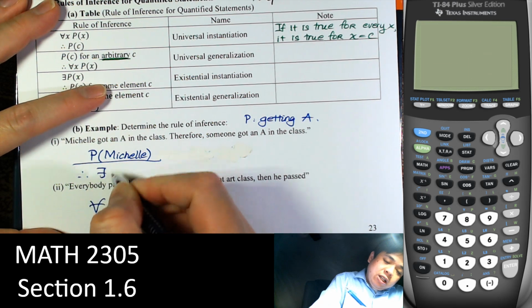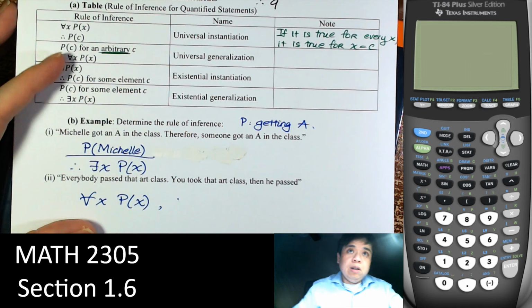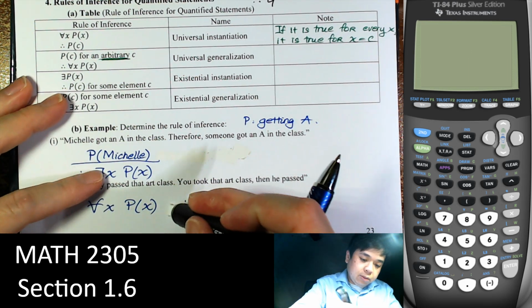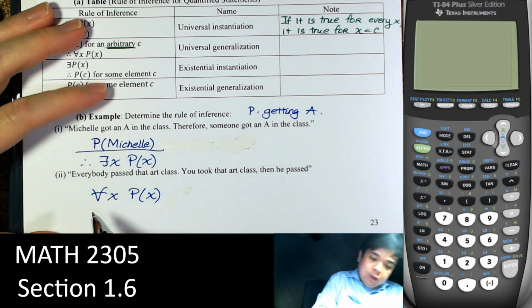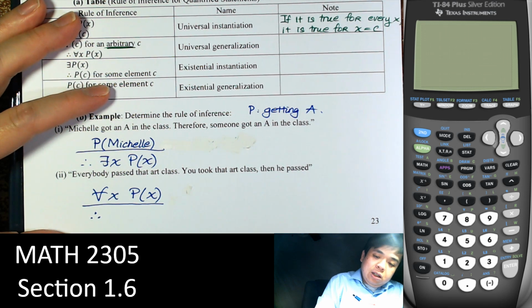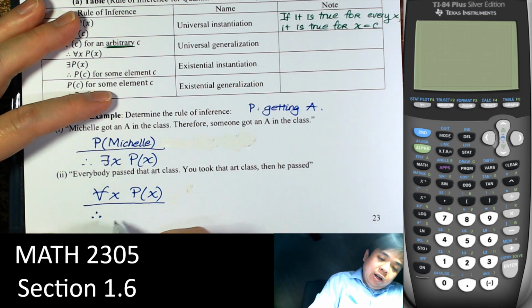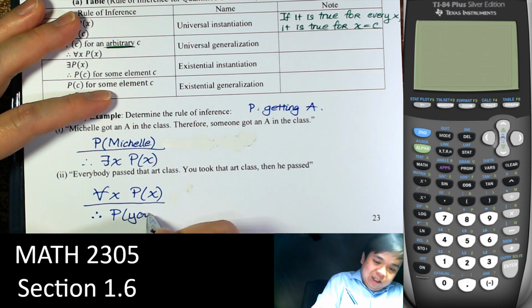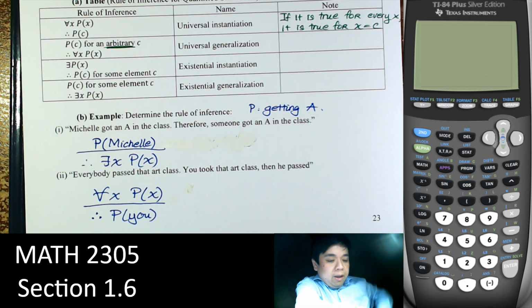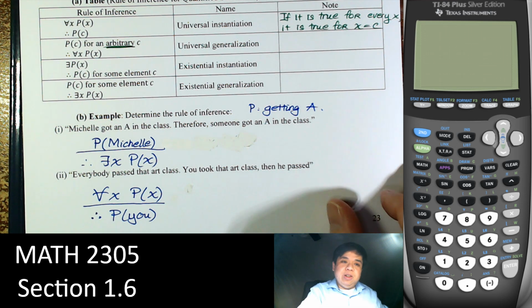Therefore, there exists a person that gets an A. For every x, P of x, that means you will pass the class. If it works for everybody, and you are one of those everybody, then it certainly works for you too. So that's what the argument is.